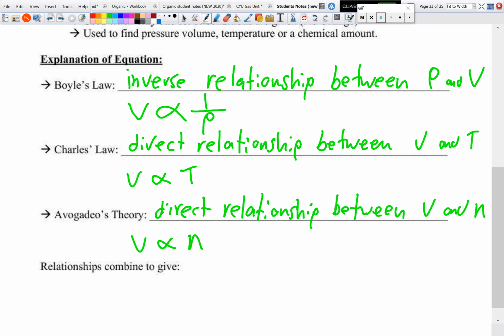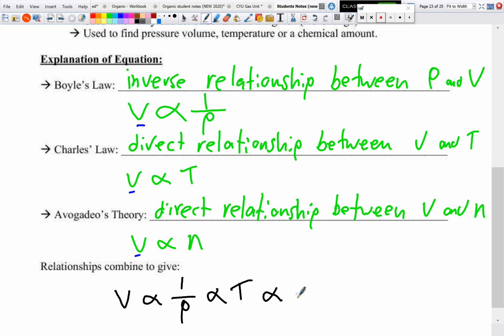I know we kind of fixed on it, it was different, but that was the relationship that Avogadro went with. So you'll notice here that in all of our relationships that we've done, Boyle's law, Charles' law, and Avogadro's, volume was in all of them. And we can combine all these together. You notice that volume is proportional to 1 over P. It's also proportional to temperature.